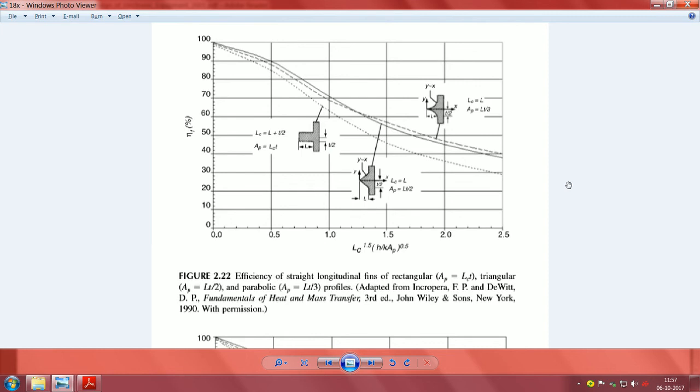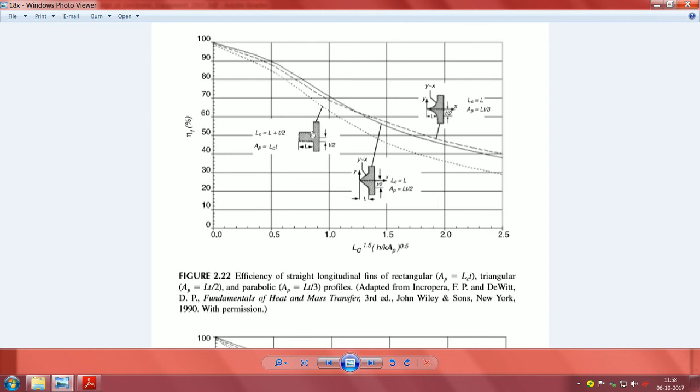So, this is what I was talking about, the efficiency of straight longitudinal fins of rectangular, triangular, and so on profiles. As the length increases, how well do those things operate? This looks a little obvious. You see here the moment you go here, because of this cross section the efficiency has gone up.